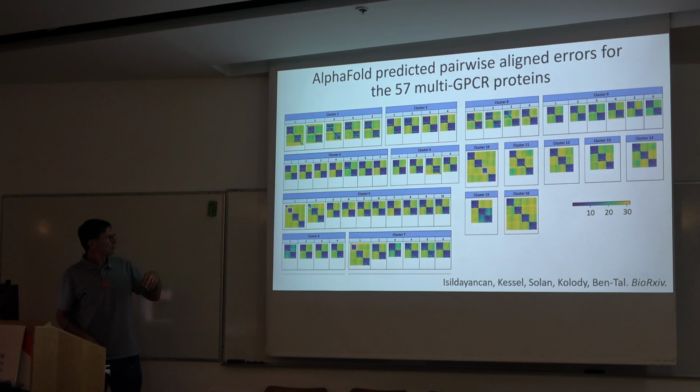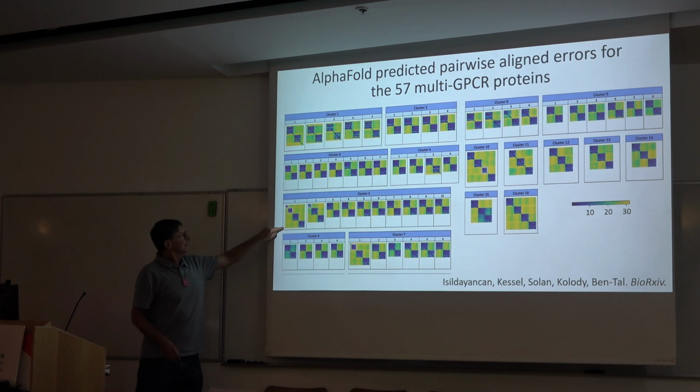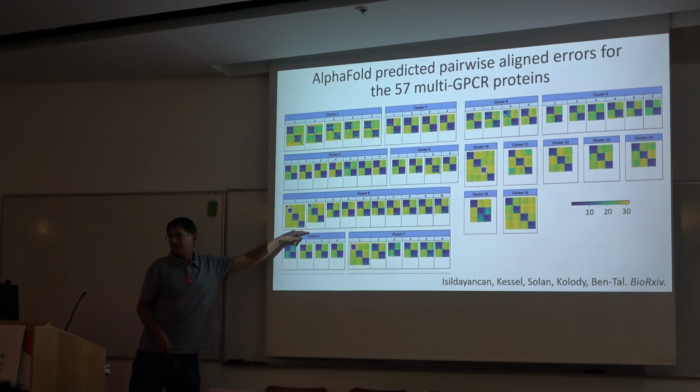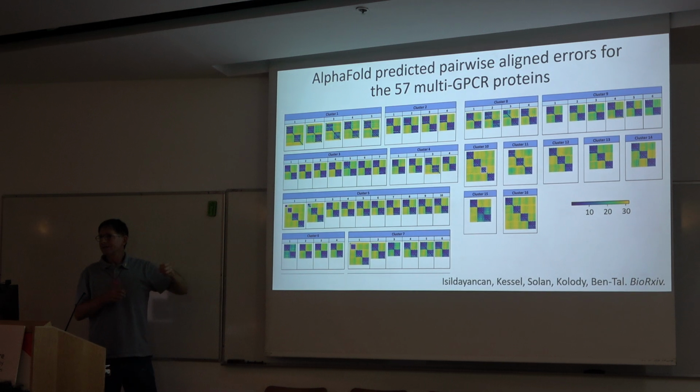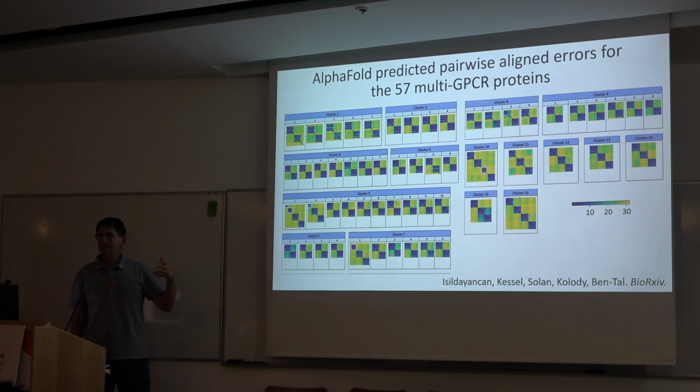So in each of those plots, here you have the sequence, and here you have the sequence, and you ask how well they superimpose, and it's color-coded, so the blue is very small deviation, meaning that here you have high confidence, and yellow is when you have no confidence or little confidence.